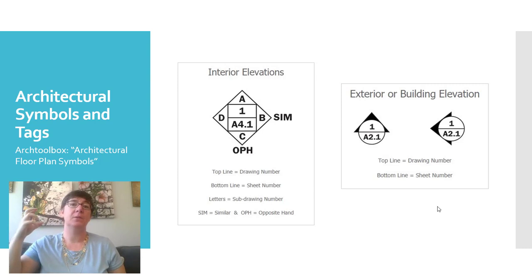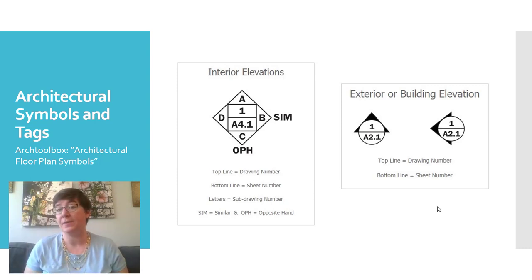And that's because you are standing outside of a building looking in one direction and not cutting through anything. The interior elevation is showing a drawing number and sheet number, but then it has four different directions that you could look at. And these are called A, B, C, and D in this particular example.